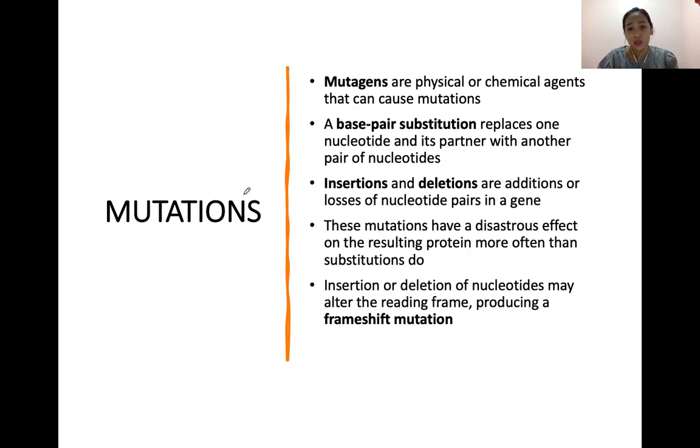This can also lead to truncation of the protein, so there will be no complete amino acid sequence available that will be folded into a 3D conformation that allows the protein to do its function. We still have a lot of discussions on mutations.